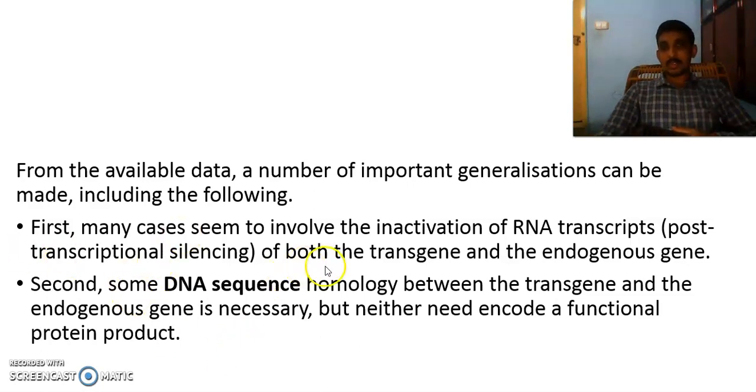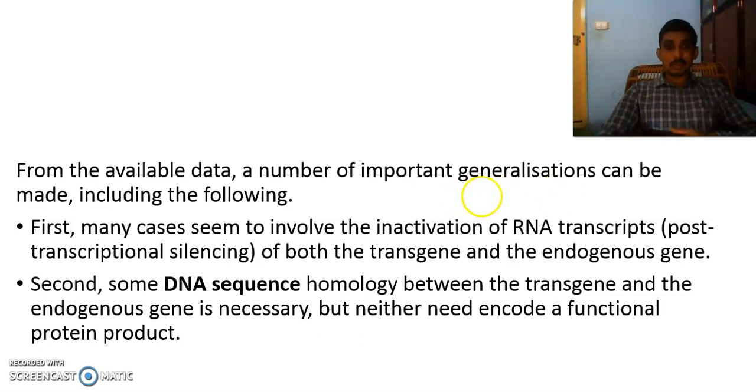In many cases, it involves the inactivation of RNA transcription. That is inactivation of both the endogenous mRNA, the mRNA which is produced from the endogene, and like that the mRNA of the transgene. So that is the inactivation of RNA transcript. We can say that co-suppression is a post-transcriptional silencing of both endogene and transgene.